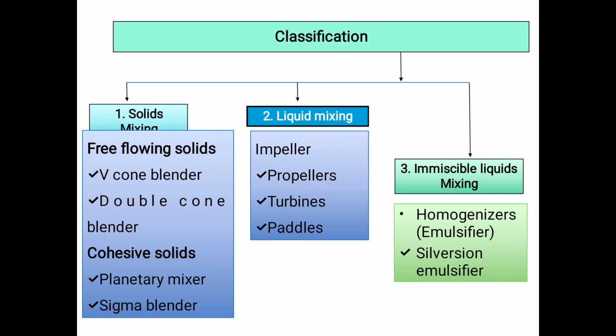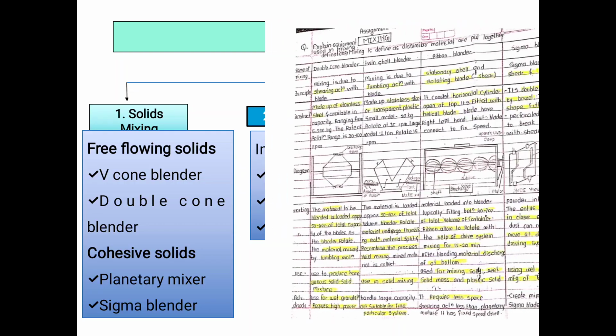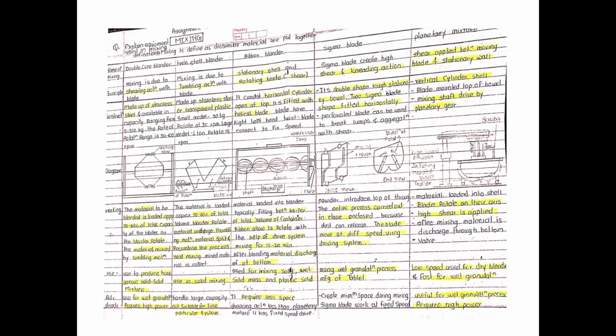Classification: solid mixing, liquid mixing, and immiscible liquid mixing. For free flowing solids: cone blender, double cone blender; for cohesive solids: planetary mixer, sigma blender. Liquid mixing uses impellers, propellers, turbines and paddles, and immiscible liquid mixing uses homogenizers and emulsifiers like the Silverson emulsifier.